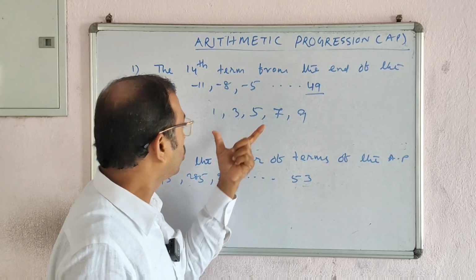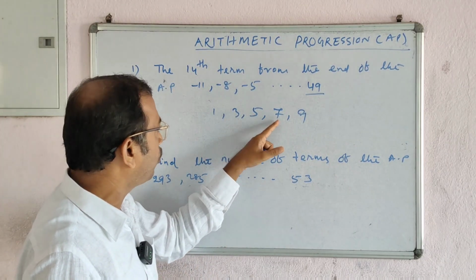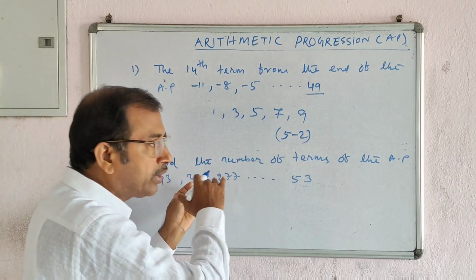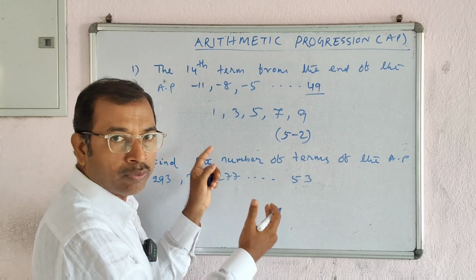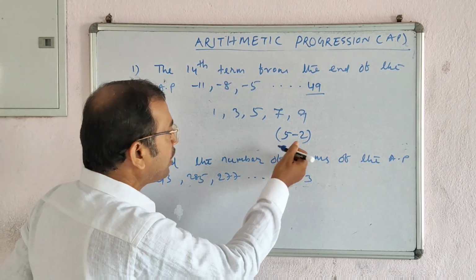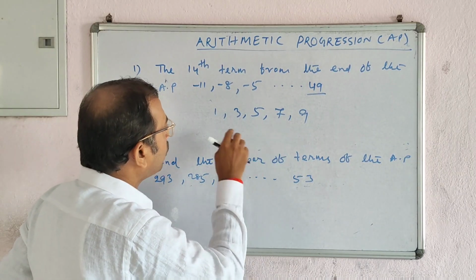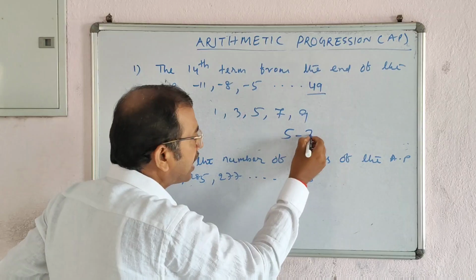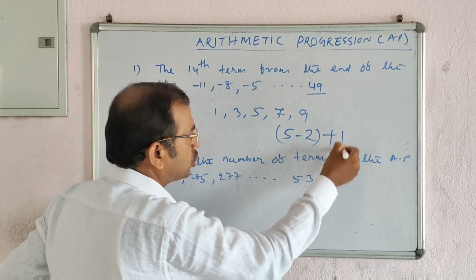How do you know? Total terms are 1, 2, 3, 4, 5. So for the second term from the end, 5 minus 2, you have to convert it to from the beginning. How do we convert to the beginning? Look, total terms are 1, 2, 3, 4, 5. So 5 minus second term, 5 minus 2 plus 1, what is it?